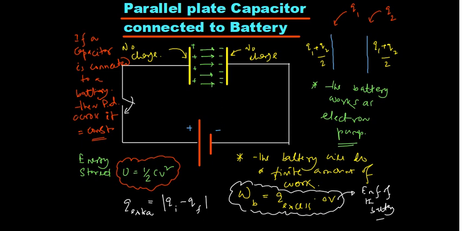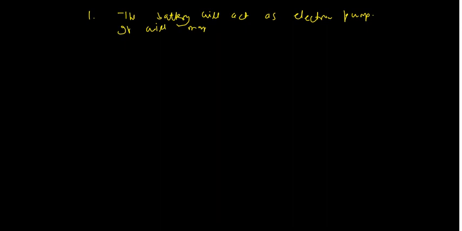I will just quickly note down the points in bullet format so that it becomes easy for you to remember. The first point to be remembered is that the battery will act as an electron pump and it will make Q outer, that is the charge on the outermost surfaces, equal to 0.